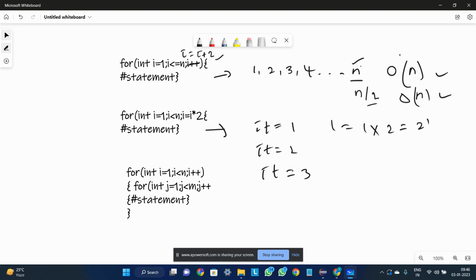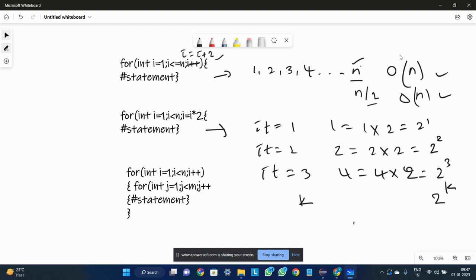In iteration 2, i is now 2, so 2 into 2 is 2 power 2. For iteration 3, i is 4, so 4 into 2 is 2 cube. So for iteration k, it will be 2 power k.